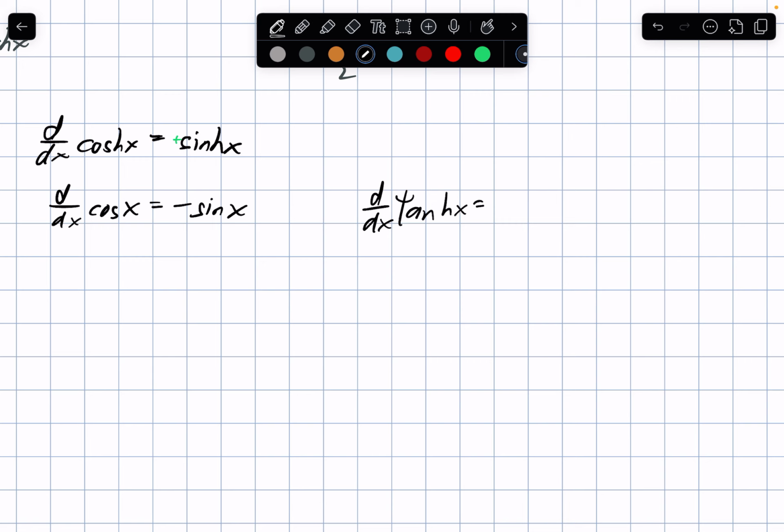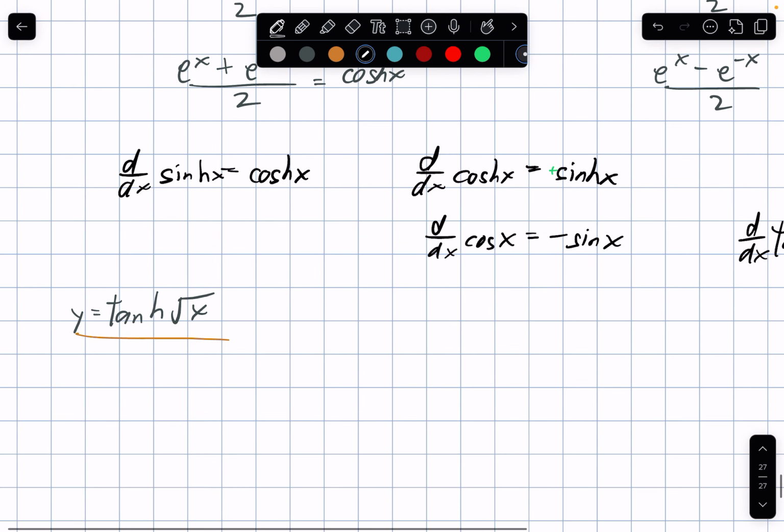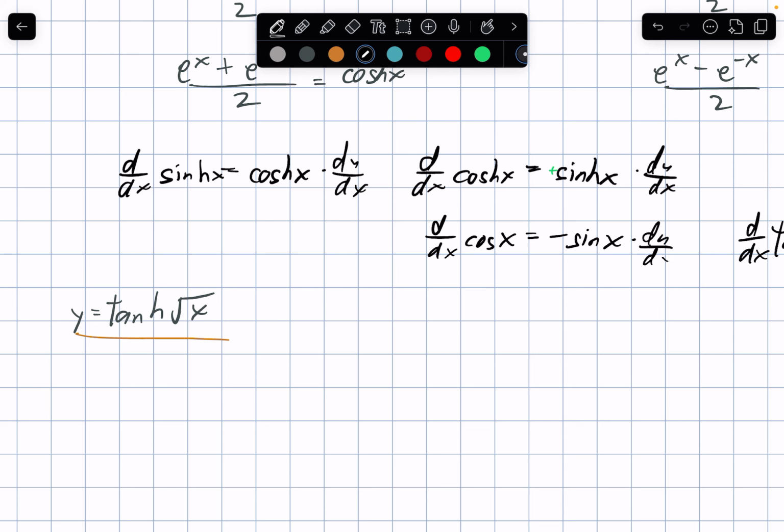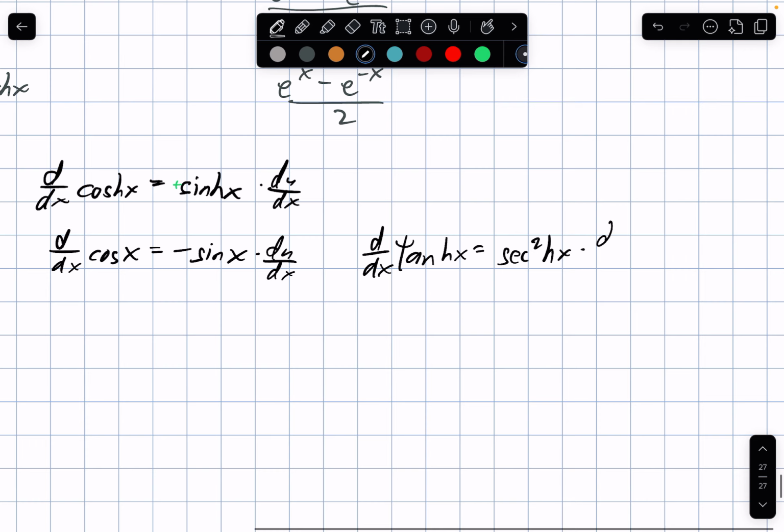What is that equal to? I believe it's the same thing. Oh, wait, don't forget du over dx. Let me just confirm if that is correct. Yeah, it is.